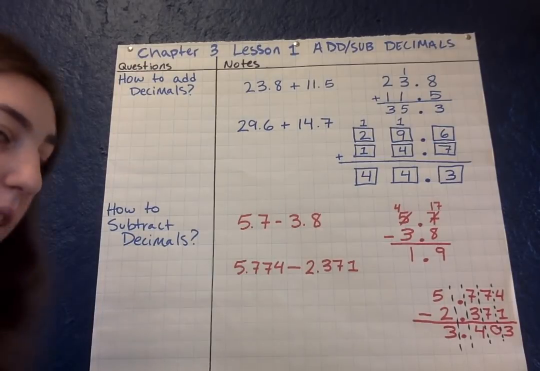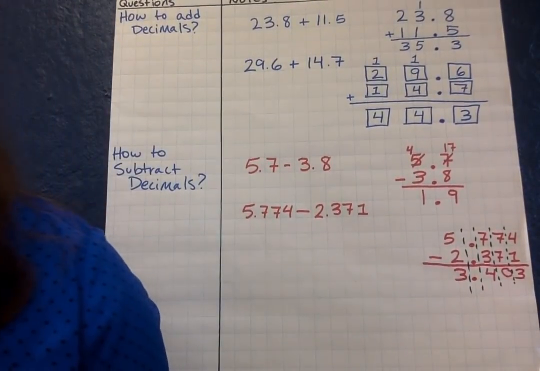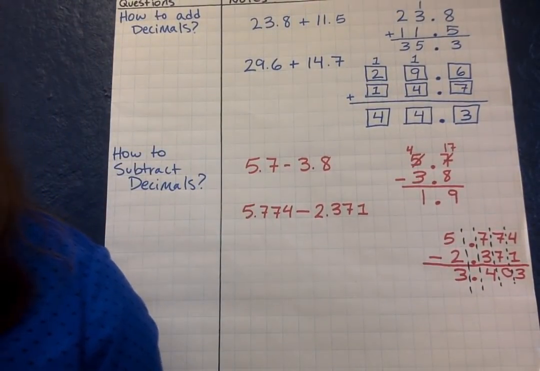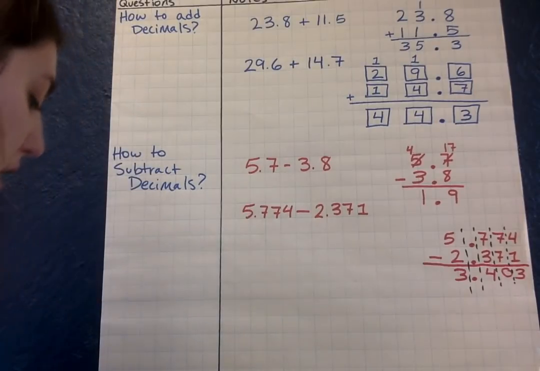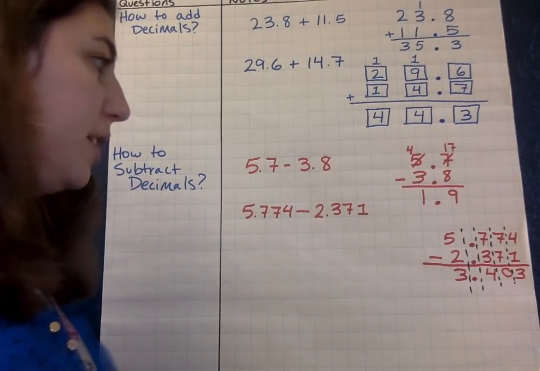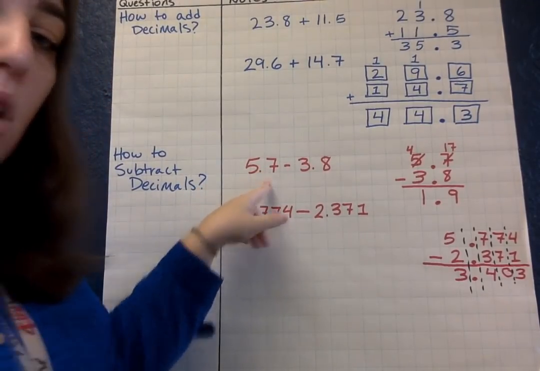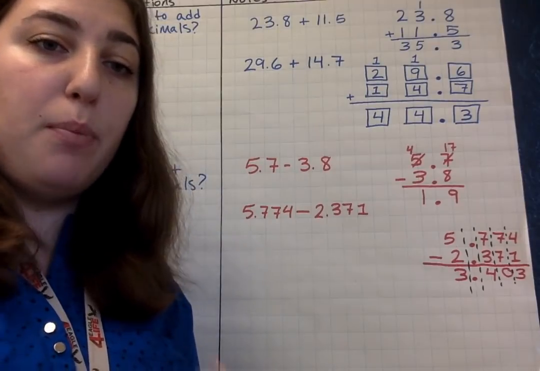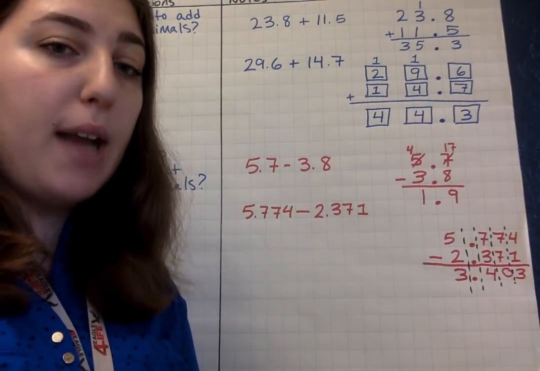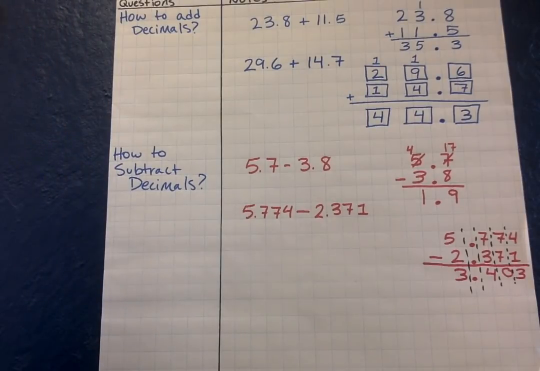Let's do one of the got it problems. So in the got it problems, let's do F, okay? So one of the things that the chapter is going to tell you is that if you have a decimal, like if you had 5.7 or just 5, you might need to put a 0 behind it, okay? And we practiced this on the skills test, so hopefully you remember.